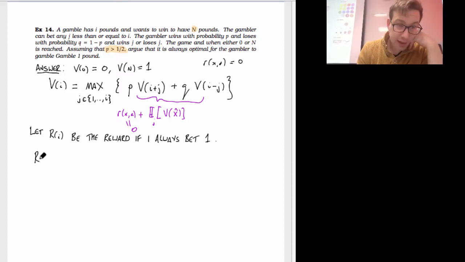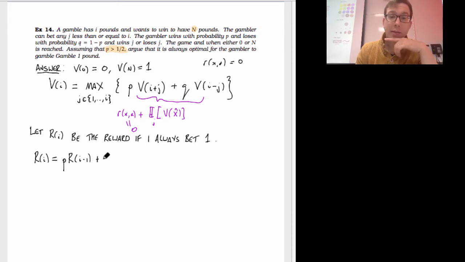The reward that I get from I is equal to, with probability P, I go to R of I minus 1, and with probability 1 minus P, or Q, I go to R of I plus 1. Now this is sometimes called a second order difference equation.